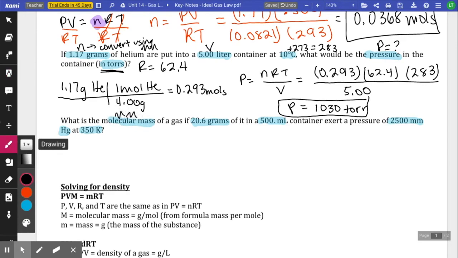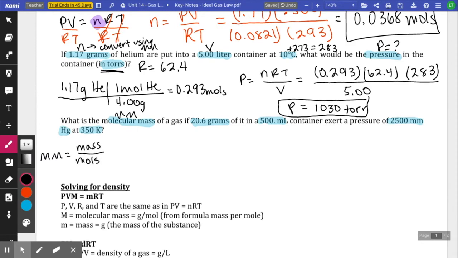I'm going to tell you guys this problem is a little bit different than what we've been doing. It's the same idea, but real quickly, I just want to give you a definition of molecular mass. So molecular mass is equal to the mass divided by however many moles. The molar mass is the mass of 1 mole.